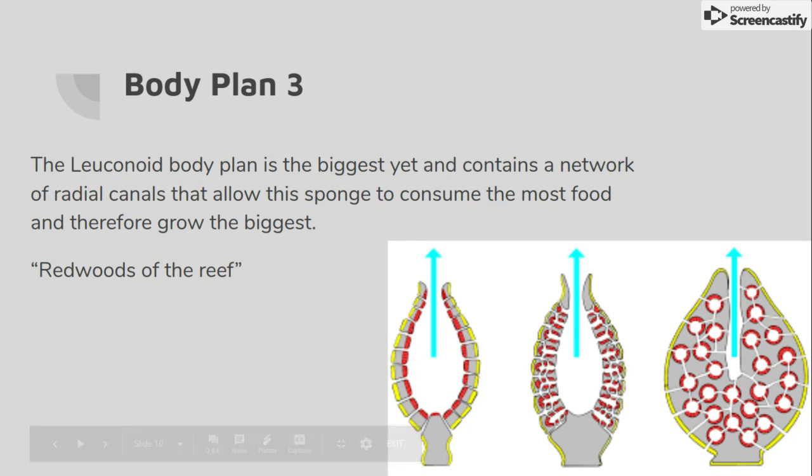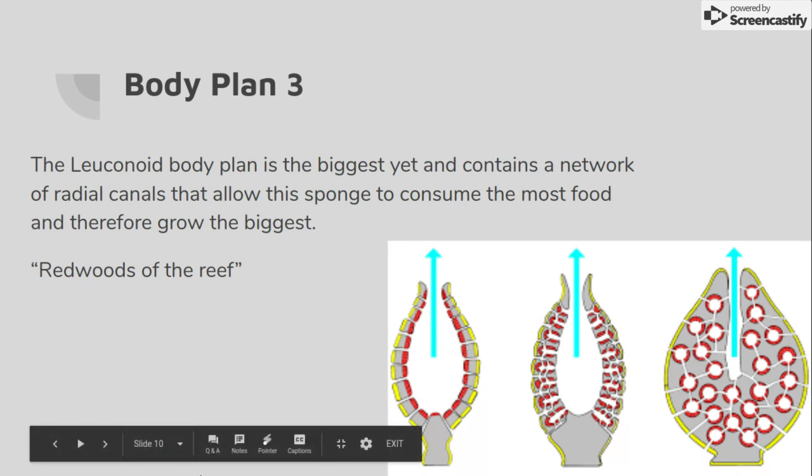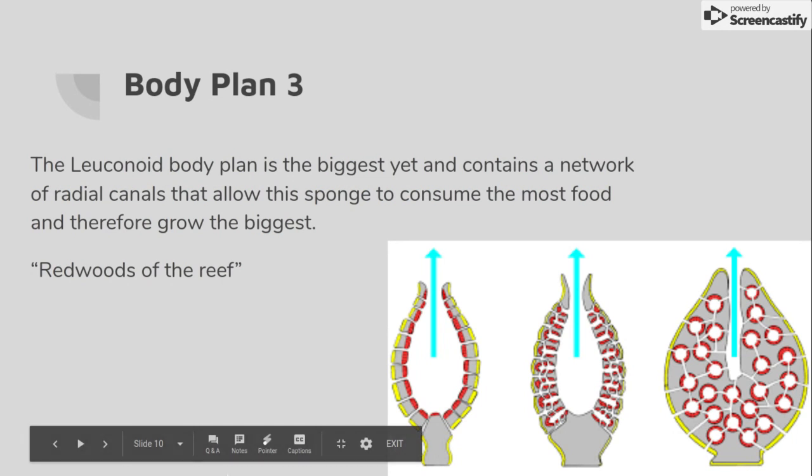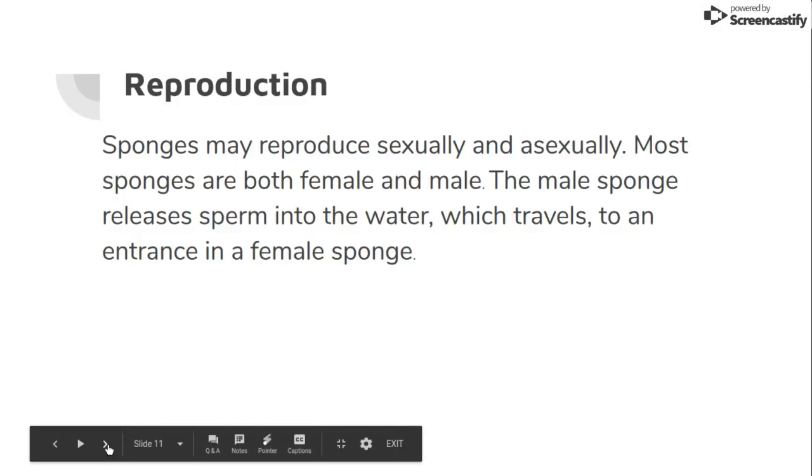The leuconoid body plan is, oh wait, sorry, this is the last one. The leuconoid body plan is the biggest yet and contains a network of radial canals that allow this sponge to consume the most food and therefore grow the biggest. They're nicknamed the redwoods of the reef.